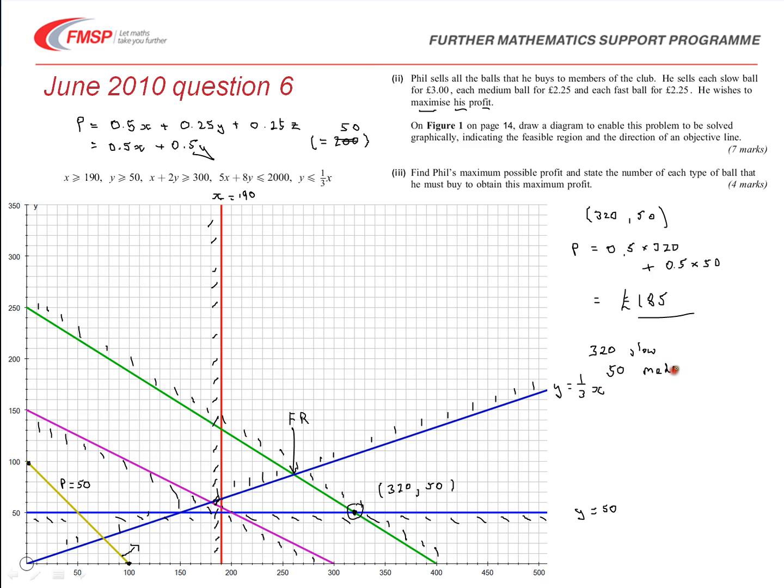And then going back to the original equations, we know that the number of medium and the number of fast is equal because we put y equal to z, so the number of fast balls will also be 50. So there we have the solution to obtain the maximum profit. Now we just need to go back and look at the marking of this.